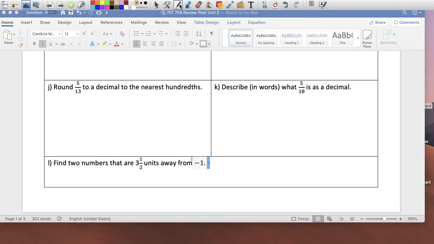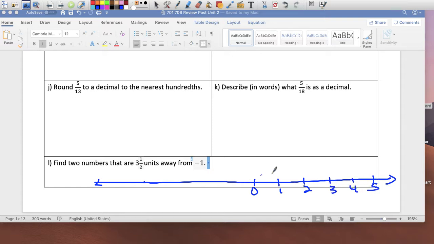Now it says here, find two numbers that are 3.5 units away from -1. So let's make a number line. Here 0, 1, 2, 3, 4, 5. I hope that's enough. -1, -2, -3, -4, -5. So here's -1.